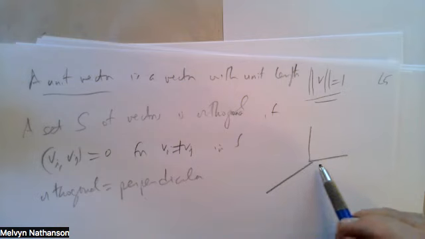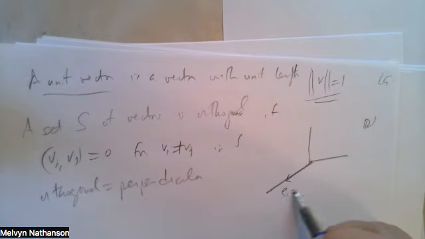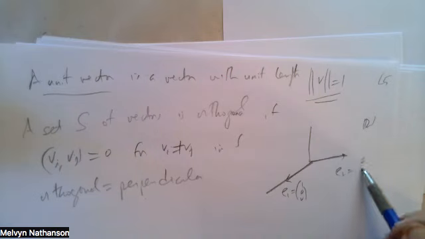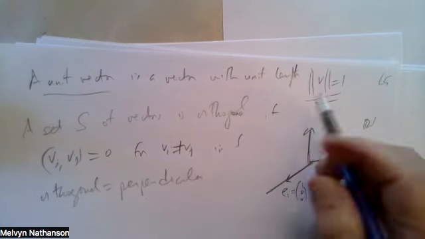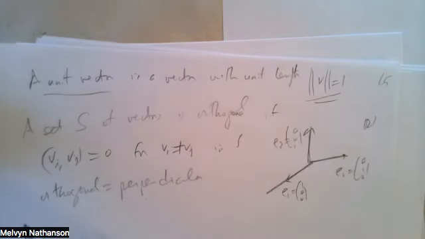So in R3, three-dimensional space, if this is the unit vector E1, the standard basis vector, here's E2, 0, 1, 0. Here in the z-axis direction is E3, which is 0, 0, 1. The set S, consisting of these three vectors, E1, E2, E3, is orthogonal, because any pair of them is perpendicular.